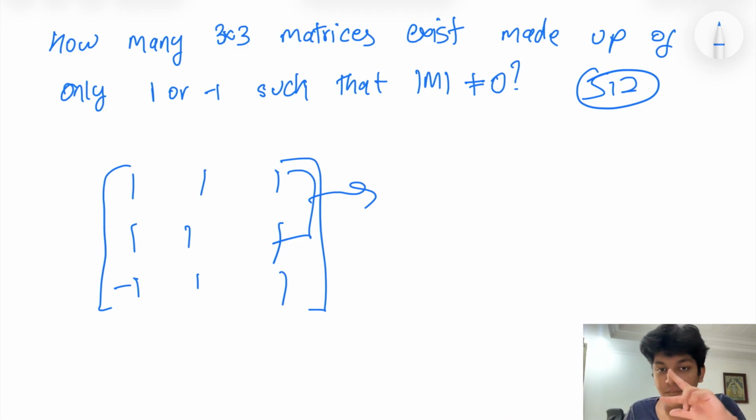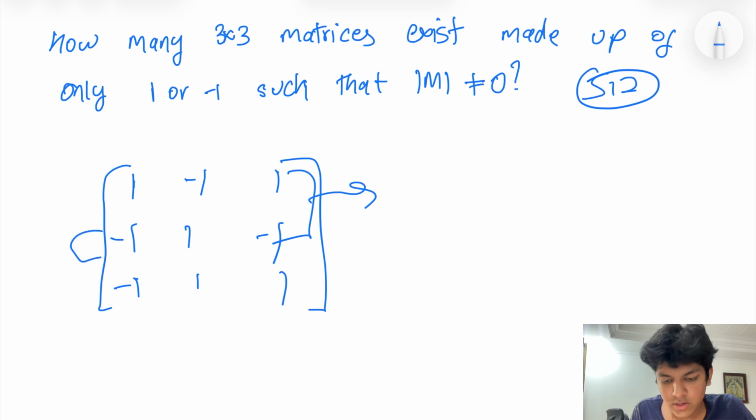Similarly, the proportional case also exists. So if two rows are proportional, then also the determinant of the matrix is 0. So let's say 1 minus 1 1 and minus 1 1 minus 1, right? So as we can see, minus 1 comes out common from the second row.